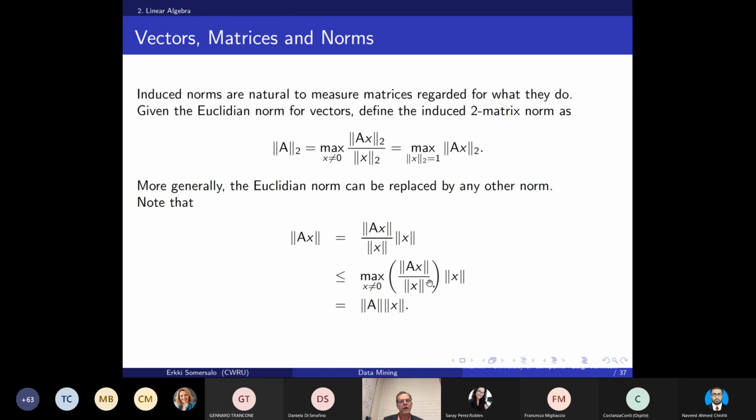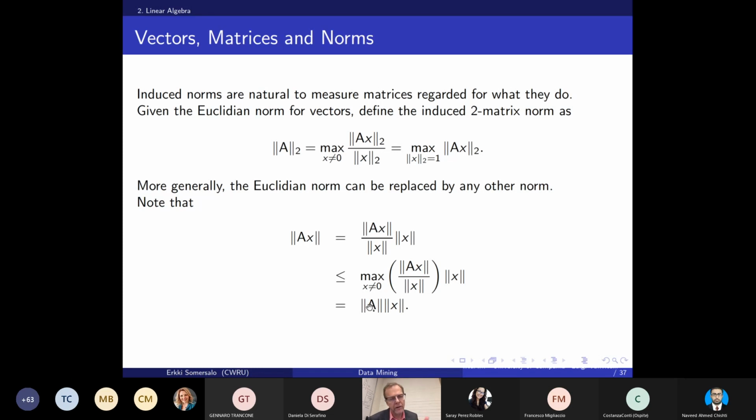So I can estimate this ratio from above by taking the maximum. By definition, this maximum is the induced norm of the matrix A. And so you see that ||Ax|| is always less than or equal to the norm of A times the norm of x. So this is an important relation.